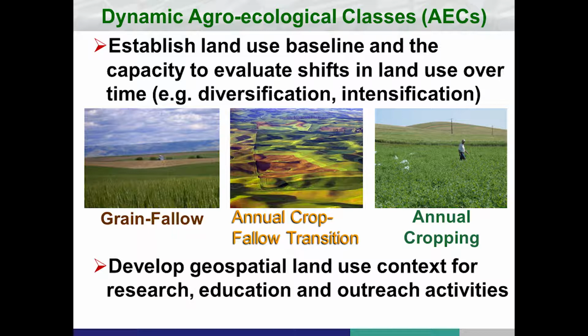In addition to following land use and land use dynamics over time, we also want to establish a geospatial land use context for research, education, and outreach activities. In other words, where are the products of REACH most relevant for our region?